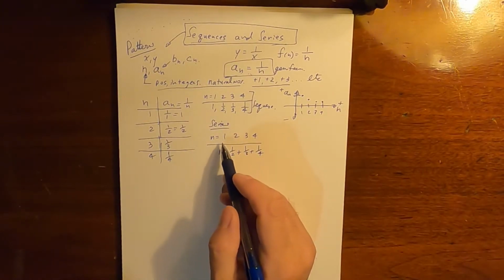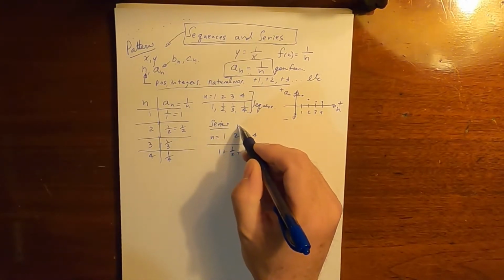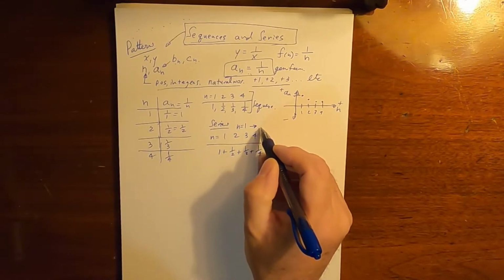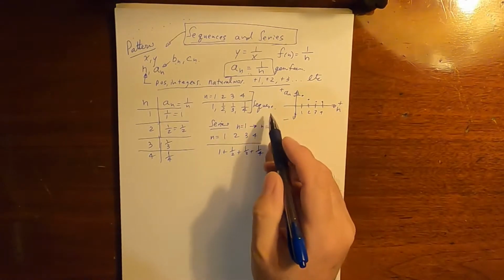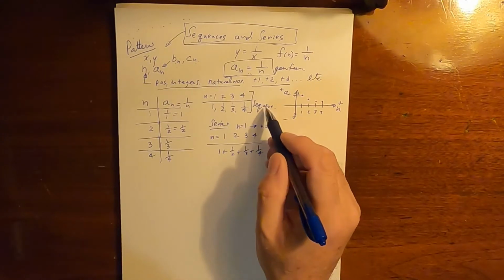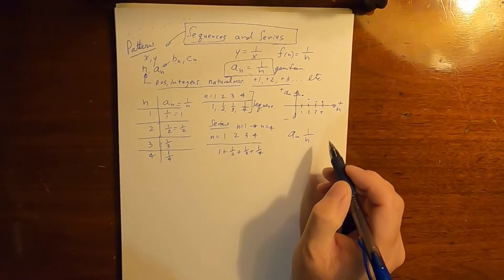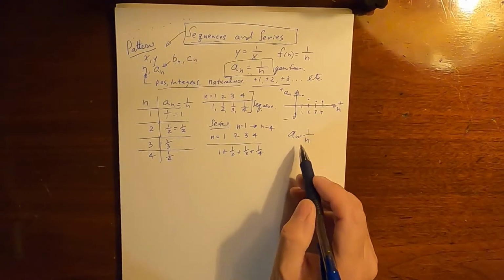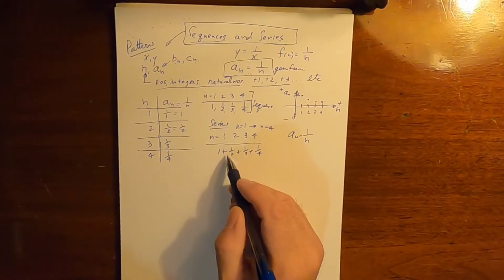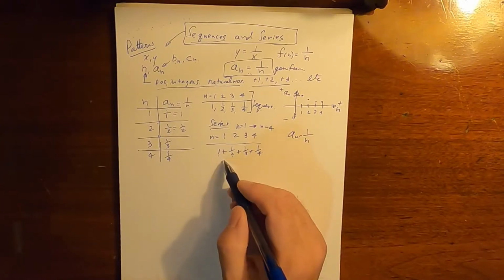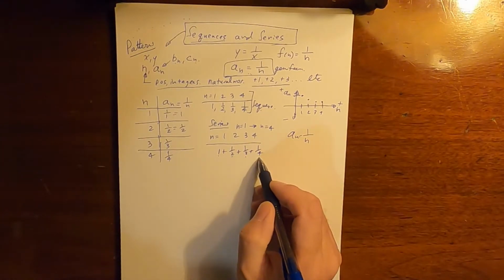So in this case, if I went from n equals 1 to n equals 4 in this sequence here of a to the n over n, okay, then I would get this number. I would get 1, 1/2, 1/3, 1/4.